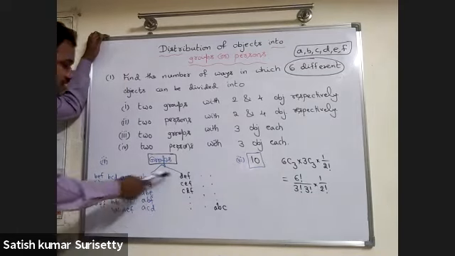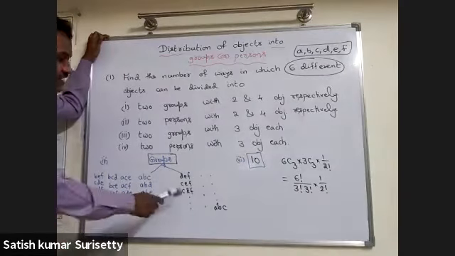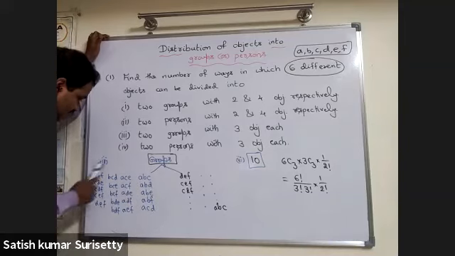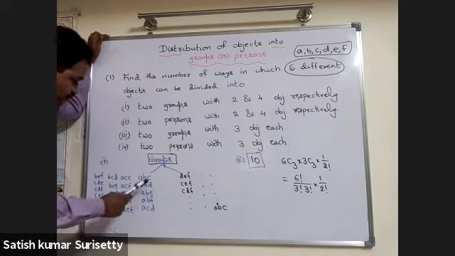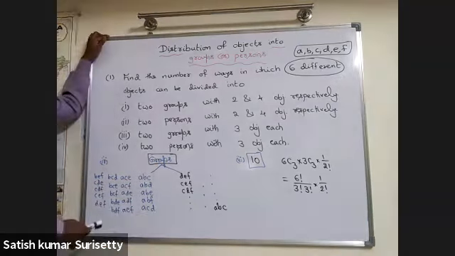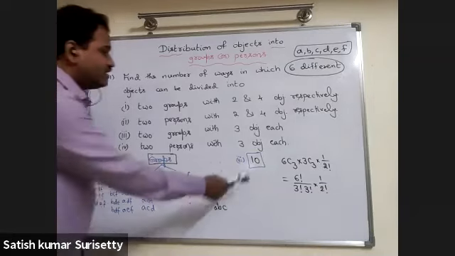I cannot say that ABC, DEF and DEF, ABC are 2 different ways of distribution; it will be considered the same. Total cases will be 20, but in that 20, ABC, DEF and DEF, ABC are considered as 1 only. So it will be half of the entire total cases, so the answer will be 10.